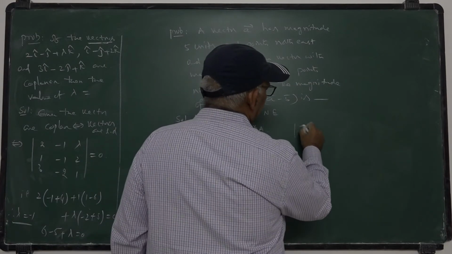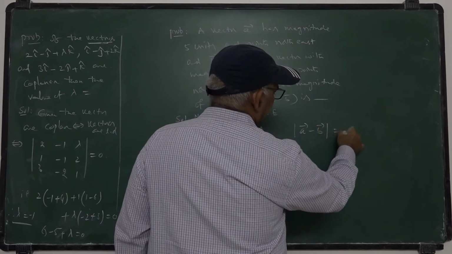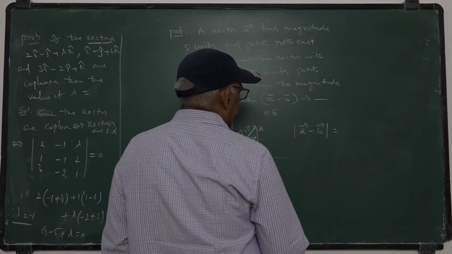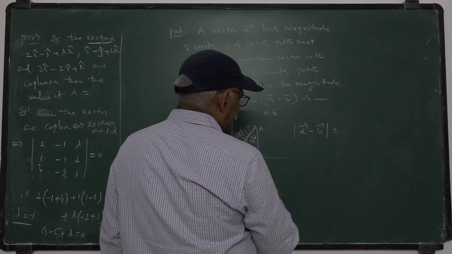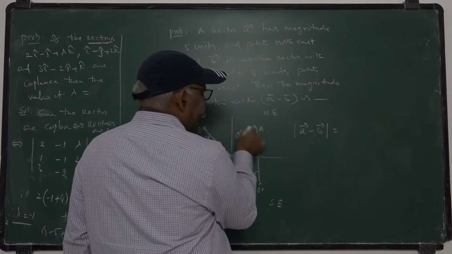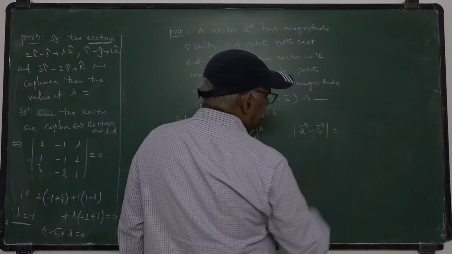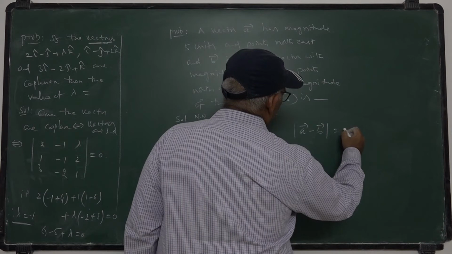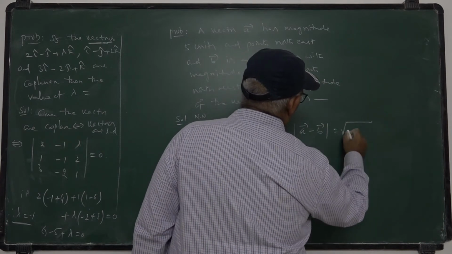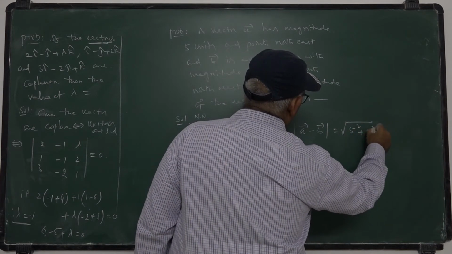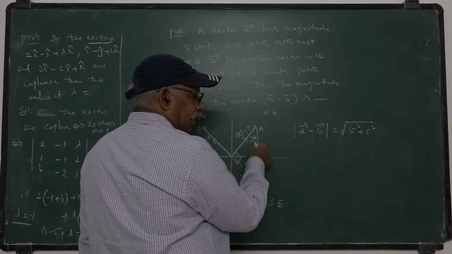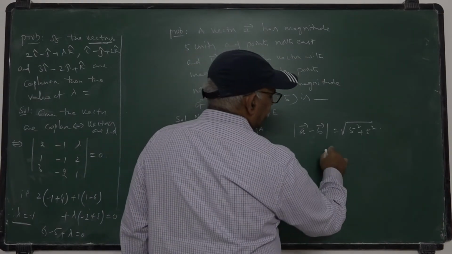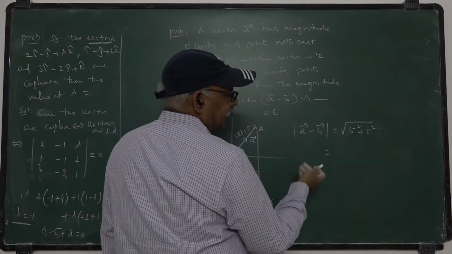So the magnitude of the vector A bar minus B bar is the length of AB dash or AB itself. So modulus of A bar minus B bar is nothing but square root of 5 square plus 5 square, because this is a right angle triangle. The length of hypotenuse is sum of the squares of the sides.